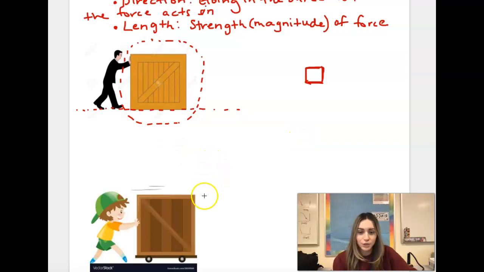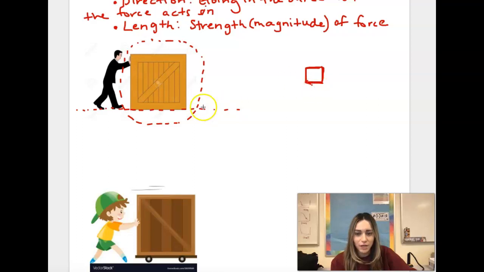Now, the first thing we want to do is analyze the situation and think about all of the forces that are acting on this box. One great way to start any free body diagram is with the force that we know is always acting on any object in the universe. What force is that? Gravity. We can almost always start right away by representing gravity.